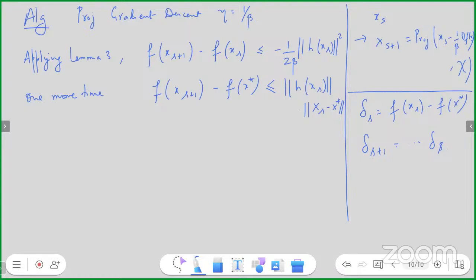Because then what is the left hand side? The distance from x star in terms of f of x s plus 1 minus f of x star. And if this xs minus x star seems to increase, the distance also will keep increasing. The bound will not be sufficiently good. So you need to establish that the distance of x s from x star is decreasing or non-increasing. How do you establish that? Once you have that, then you are in business. Then you can do everything you want.